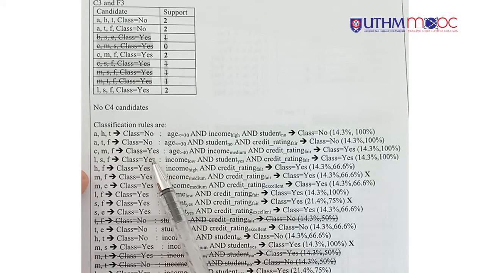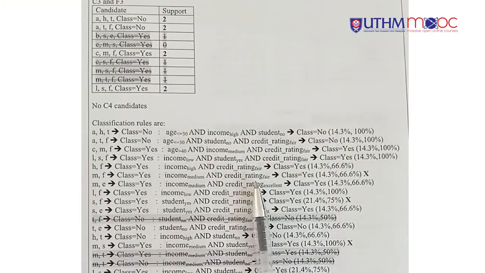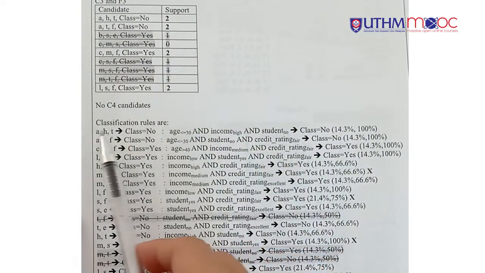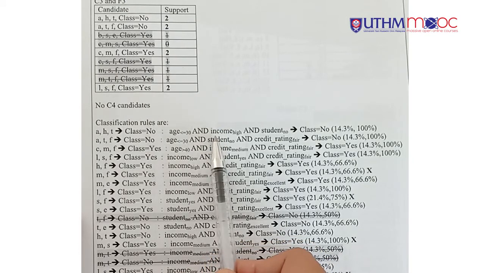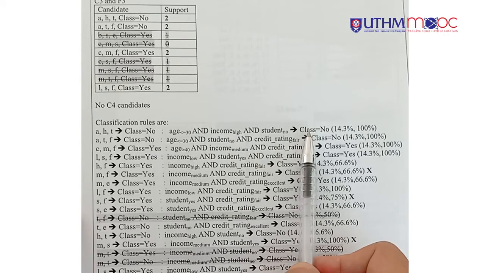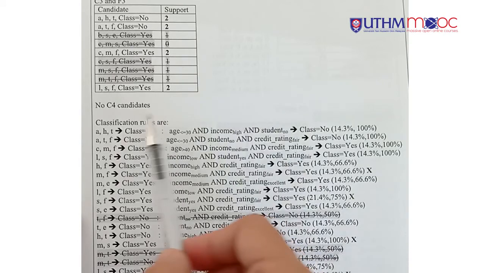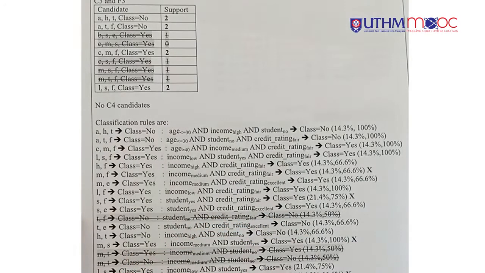So the rules are basically, now we want to find what are the confidence of the rules that we generate here. For the first one, if a person has age less than 30 and his income is high and he is not a student, then the prediction for him to buy a computer is no. So you have to find back AHT in the original transaction.